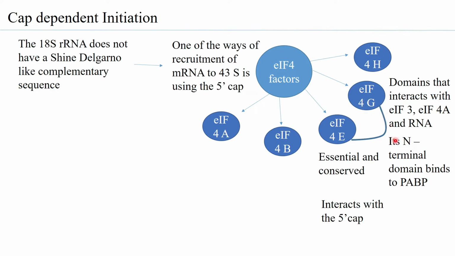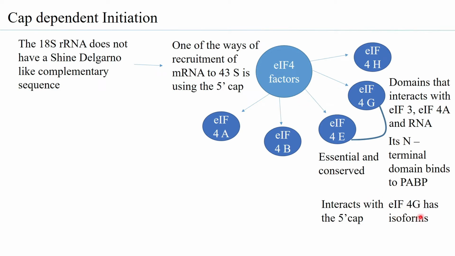So, in a way, what we can understand from this is that the EIF4 factors of the 43S pre-initiation complex are able to bind to the 5' end of the mRNA as well as to the 3' end of the mRNA. So it is interesting to note that both ends of the mRNA are brought close to each other thanks to the EIF4 factors.